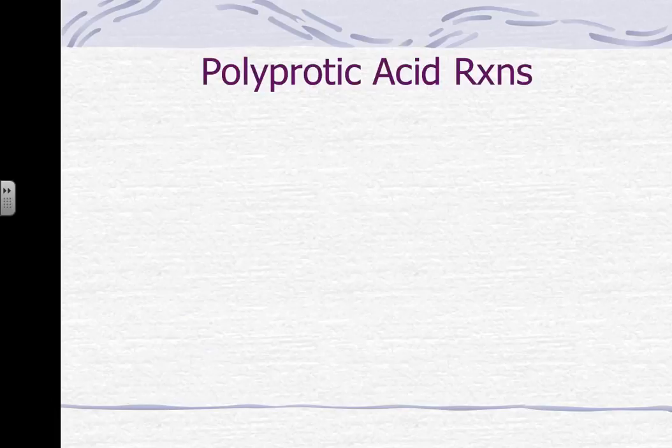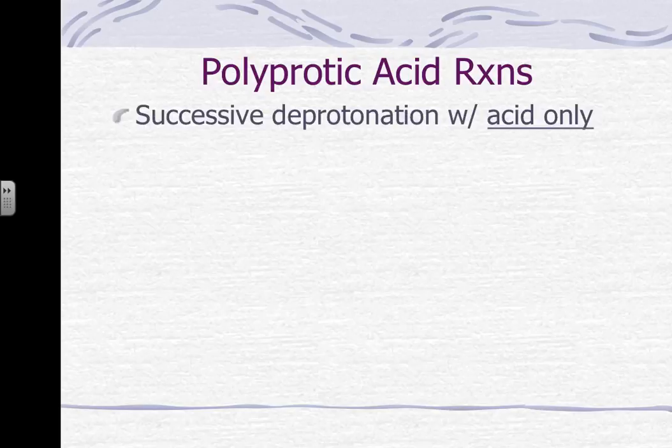All right, so here's how it goes. What I'm going to do first is show you what is called successive deprotonation. And I'm only going to use the acid to start off with so you can see just the basics of it. So first off, break down the phrase successive deprotonation. To have successive something means that you're doing one after another, and deprotonation, of course, means to remove a proton.